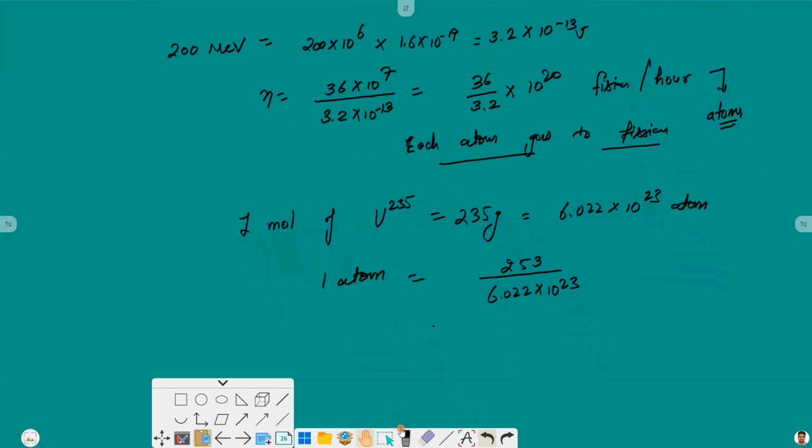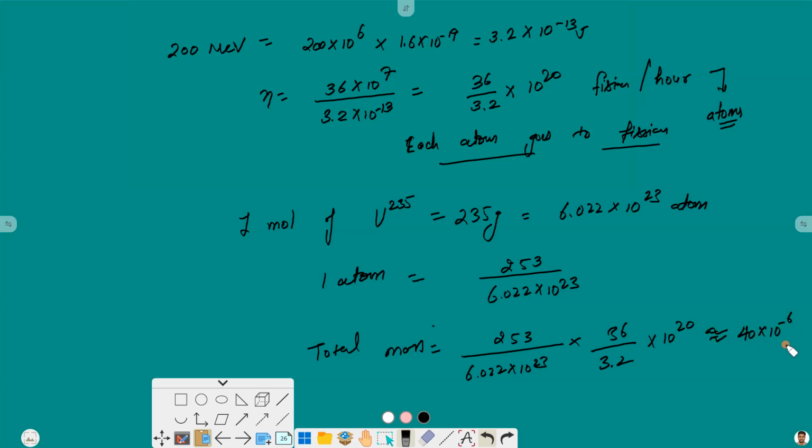So total mass will be 235 by 6.022 into 10 raised to power 23 into 36 by 3.2 into 10 raised to power 20. This will be the total mass, and that comes out to be approximately 40 into 10 raised to power minus 6.